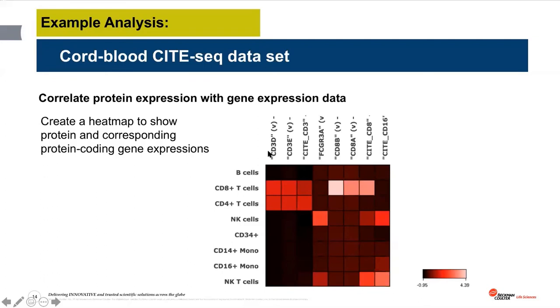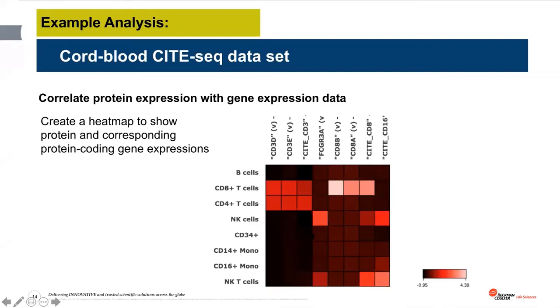So here we create this heat map. Again, the rows are different annotated cell populations, and the columns are different markers, including protein coding genes and the regular antibody. If you look at the first 2 columns, column number 1 and 2, these 2 are the protein coding genes, and column number 3 is the antibody expression.